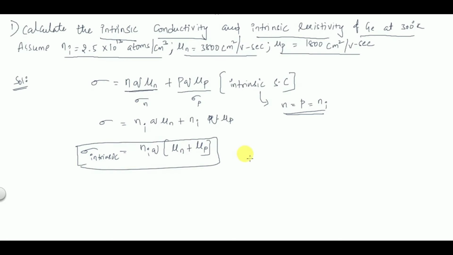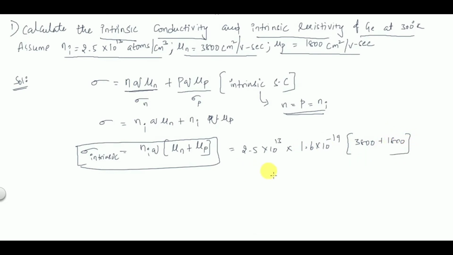I already told you this, but I am revising it again. Ni is equal to 2.5 into 10 to the power of 13, q is the charge of electron, which is 1.6 into 10 to the power of minus 19, mu n value is 3800, and mu p value is 1800.